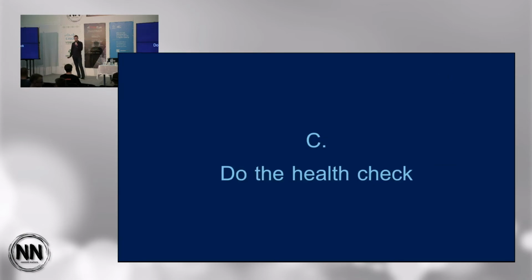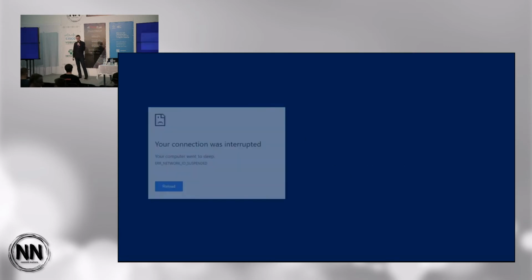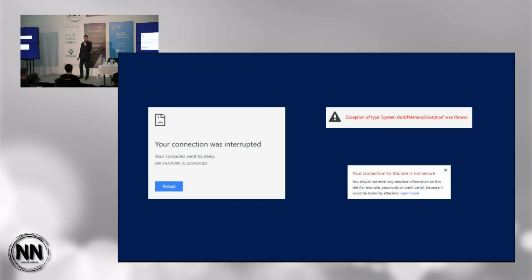Before starting, do the health check together with your handler. Just go there and try to see that there are no errors in the environments you are trying to test. Try to see that all the licenses are assigned and all the product functionality which is in scope from the previous step is enabled.